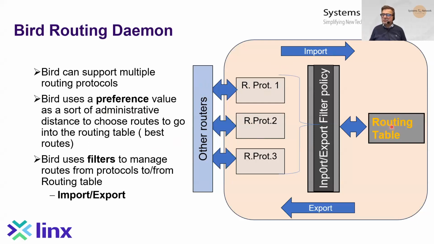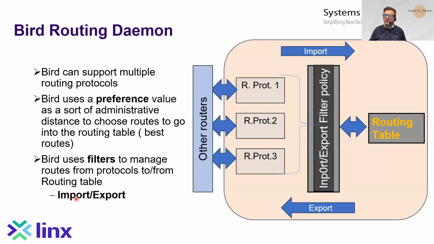If we didn't want them to be in BIRD's routing table at all, then we would have some policy in the filtering layer here between the external peers and BIRD's routing table. Now, if we want to accept routes from peers, but then filter routes on the way out from BIRD, then we'll use the export filtering. You can see this listed on the side here.